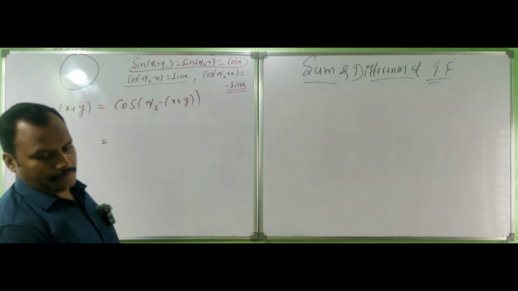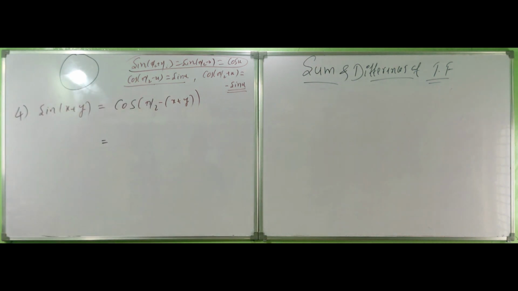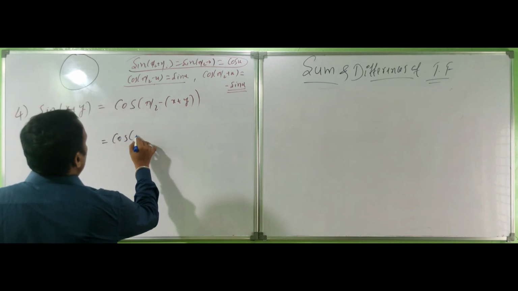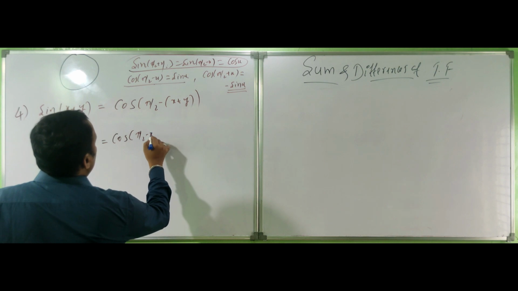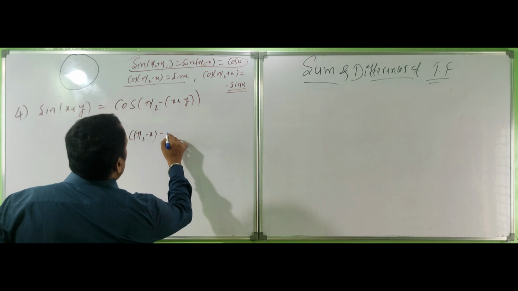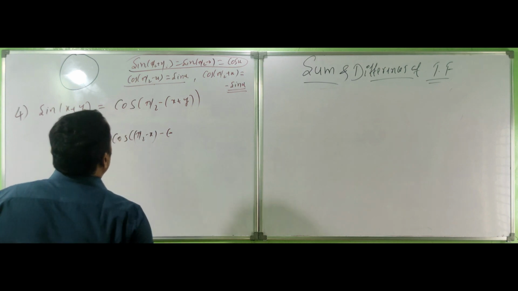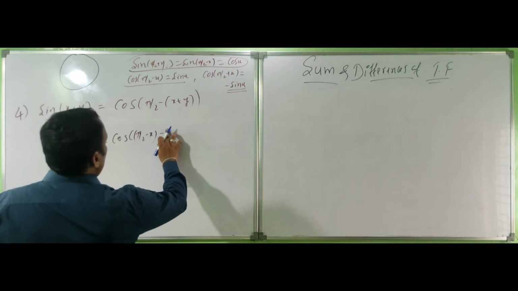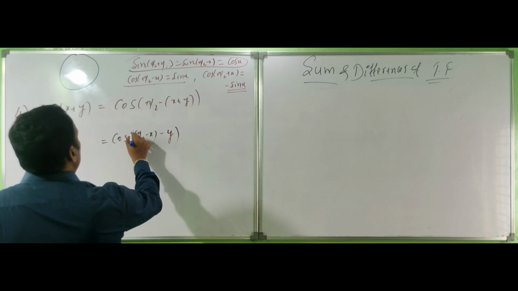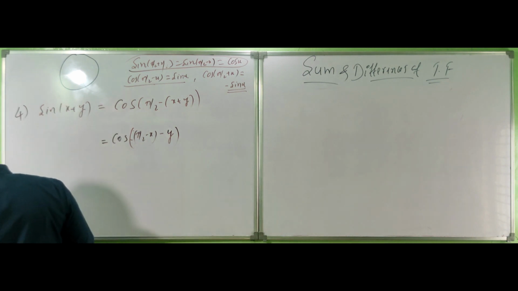Just writing sin of x plus y as cos of pi by 2 minus x plus y. To make the simplification, I am changing the signs: pi by 2 minus x minus y. So cos of pi by 2 minus x and minus y.